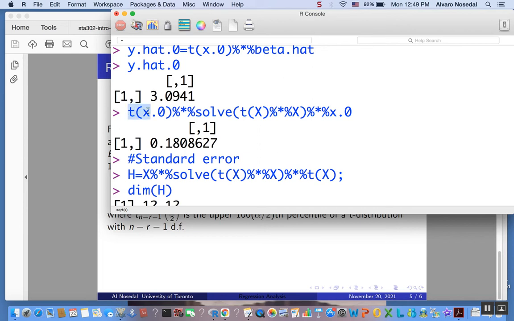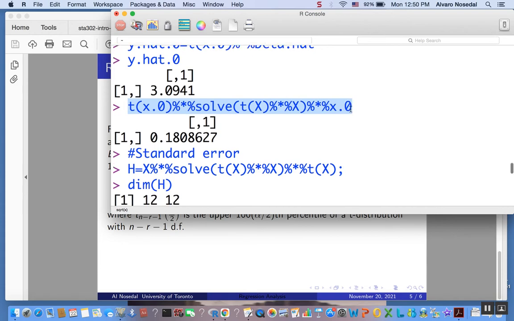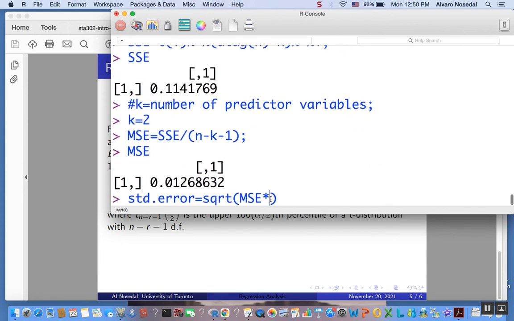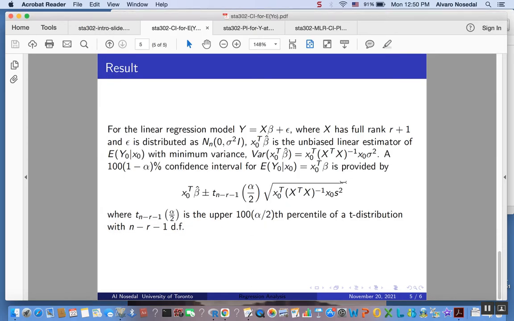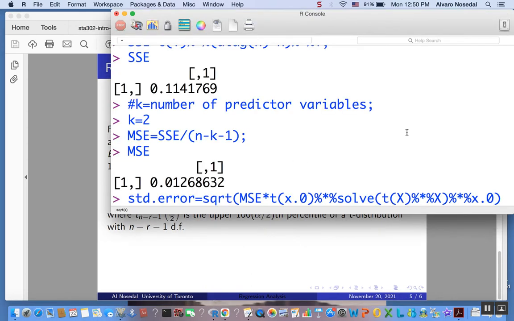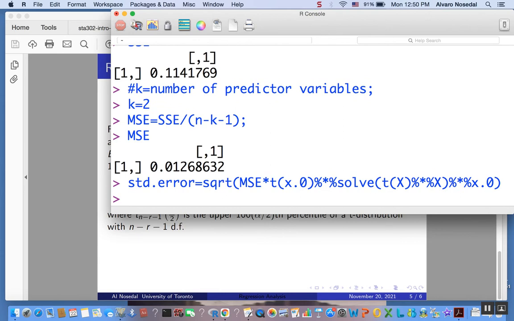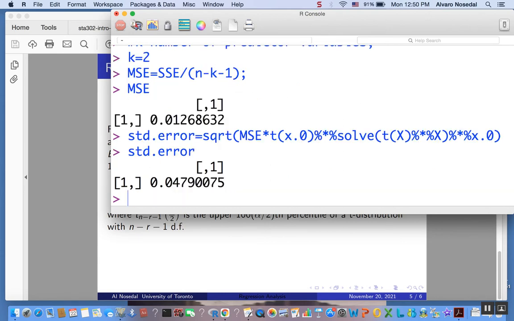That's the one that we want. Let's see, standard error. Okay, looks good.